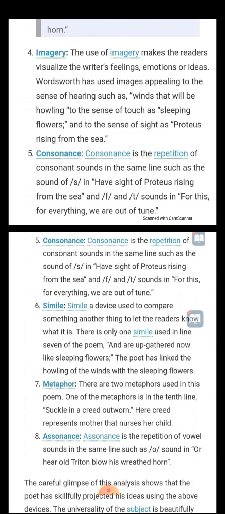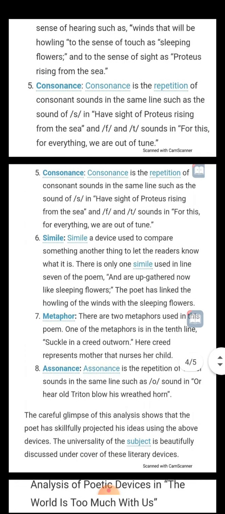Another device used is simile. As we know, simile is a comparison between two things. So when he says that all upgathered now like sleeping flowers, he compares the calm wind to the sleeping flower.